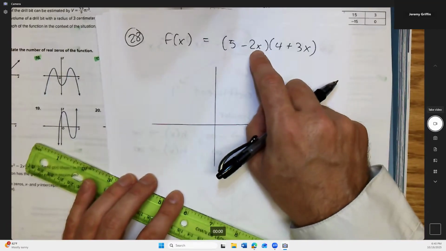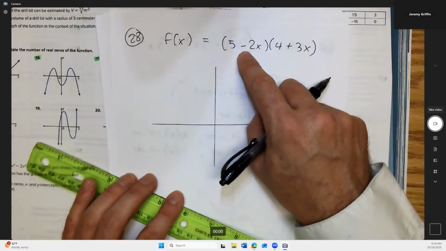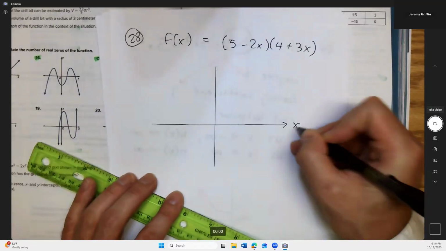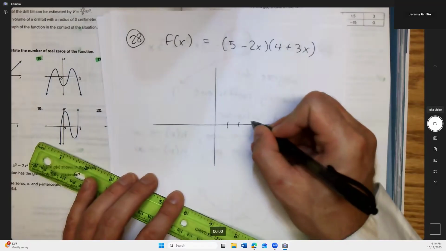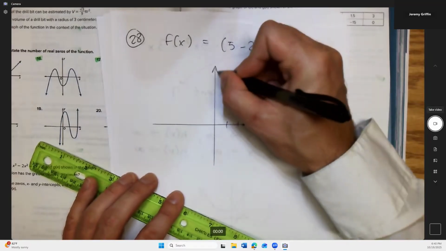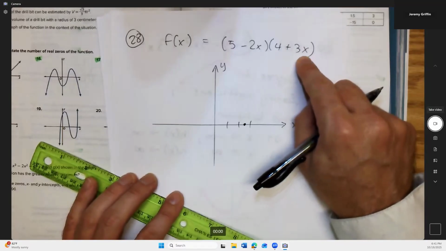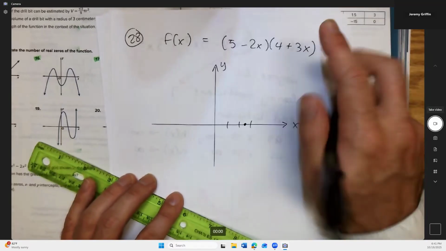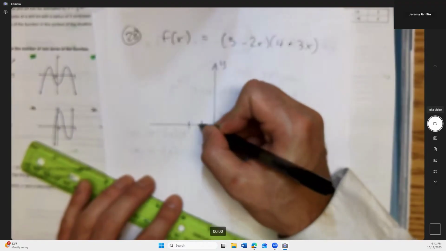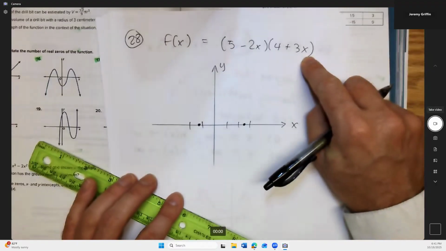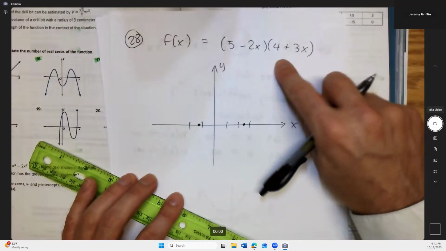That could give you an x of 2.5 because 2.5 times 2 is 5. 5 minus 5 is 0. So there's a 0 right there at 2.5. And also where x is negative 4 over 3, which is right about here. Because negative 4 over 3 times 3 is negative 4, plus 4 is 0.